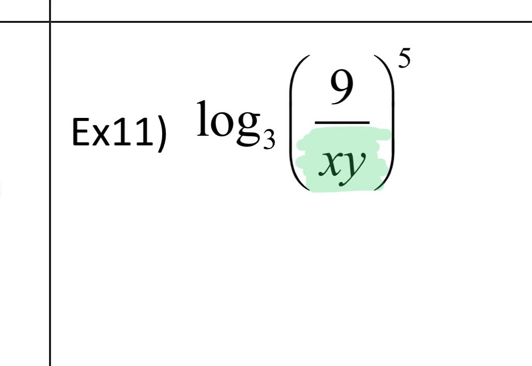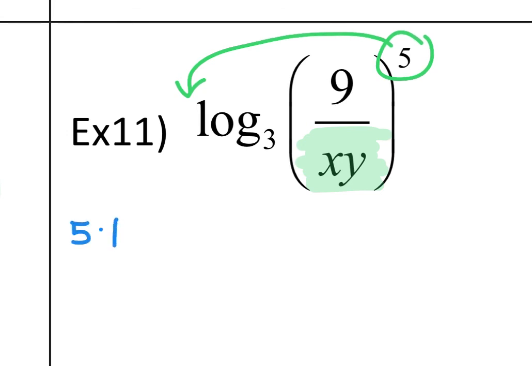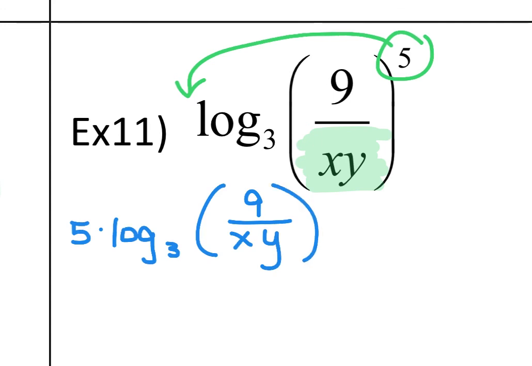So instead of starting inside the parentheses, start from the outside. I will start with taking this exponent and writing it as a coefficient. So my first step is going to be 5 times log base 3 of a crazy big fraction. Okay, maybe not such a crazy big fraction, but it's going to feel like it in a minute.